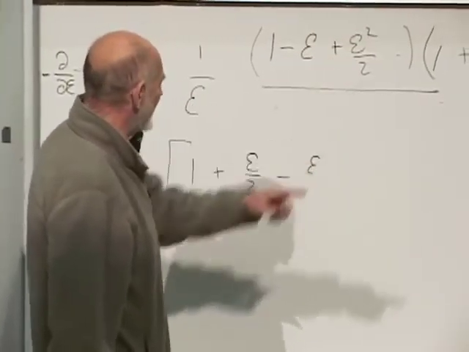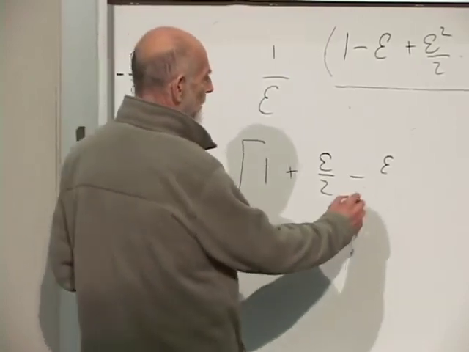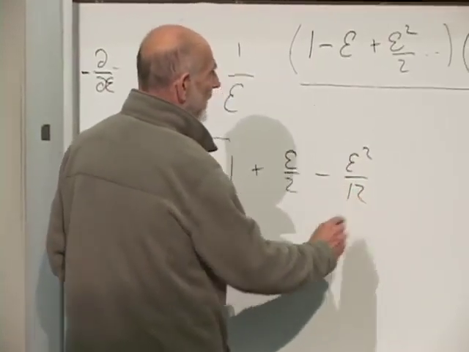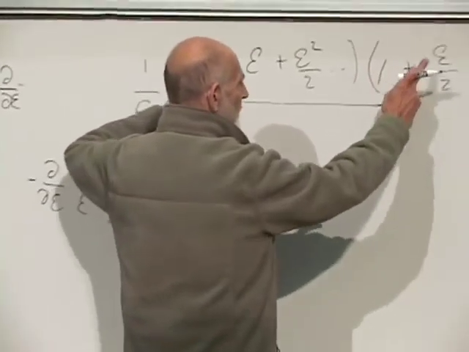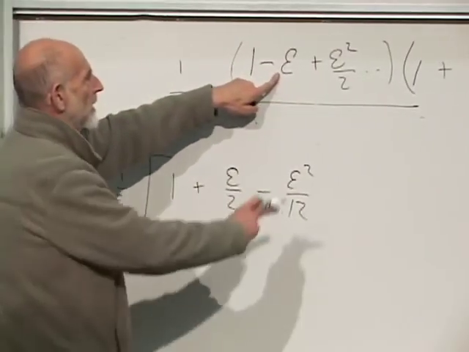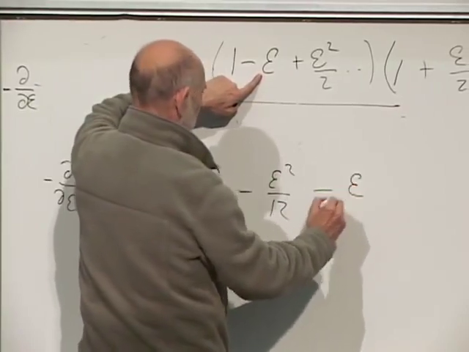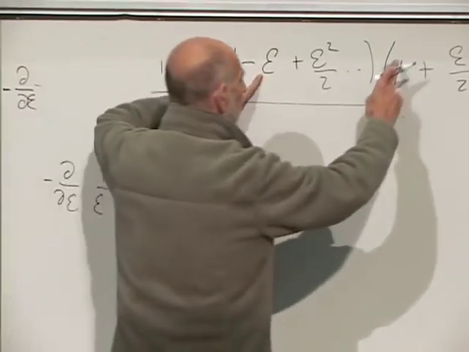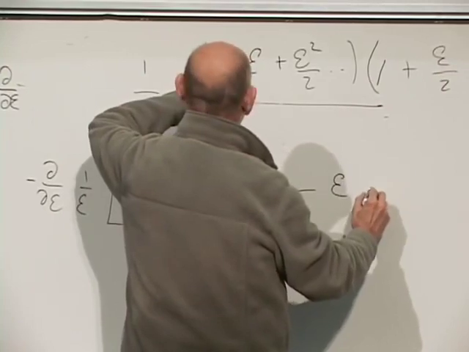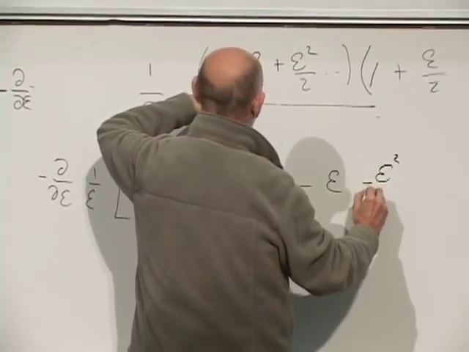1 plus epsilon minus, 1 plus epsilon squared over 12, right? That's this times this, and this. Then we get minus epsilon times 1, and then minus epsilon squared over 2.